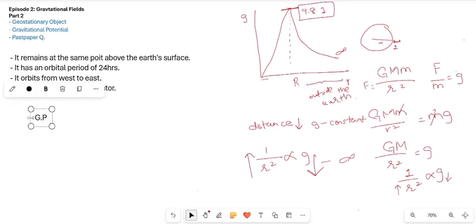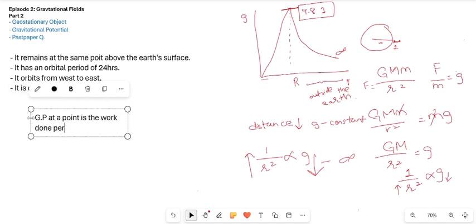Gravitational potential at a point is the work done by unit mass in bringing a small test mass from infinity to the point.